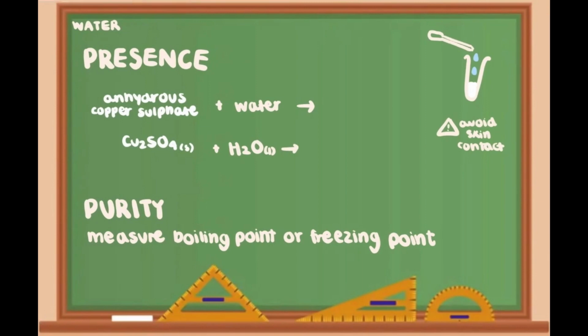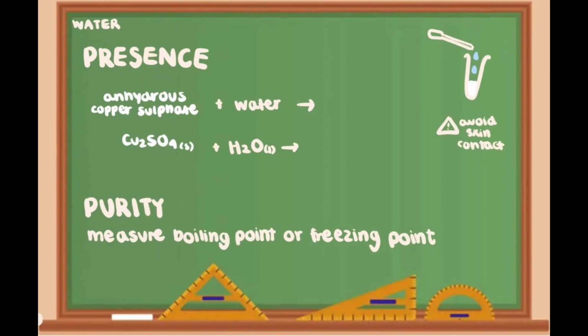Now, finally, it's been a long video, sorry, we're going to talk a little bit about water. If we've got a salt or a liquid, and we just want to see if water's in it, even the smallest bit, we're going to drop a little bit into anhydrous copper sulfate. This is a little copper salt, but the thing about it is it's anhydrous, so it lacks water of crystallization. When it's in this form, it's a white powder.